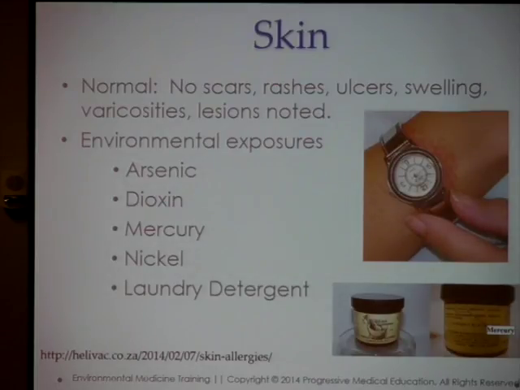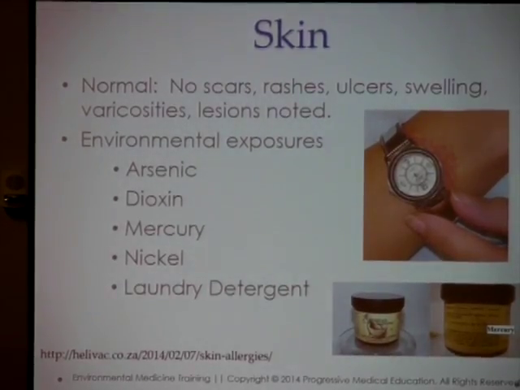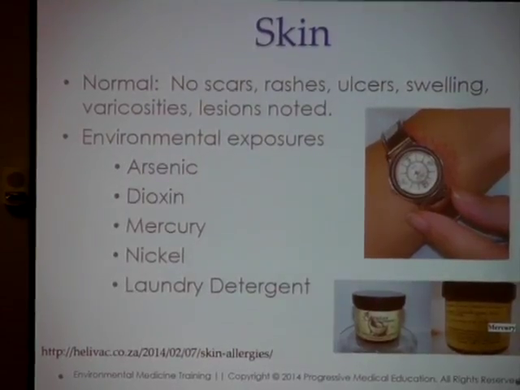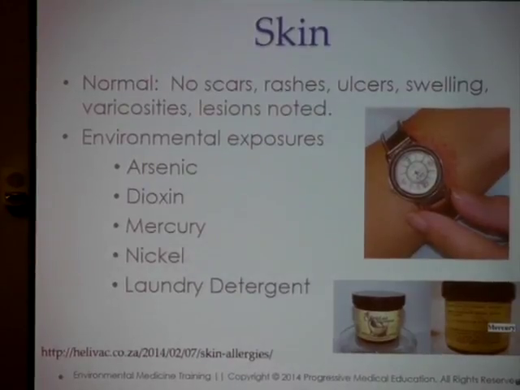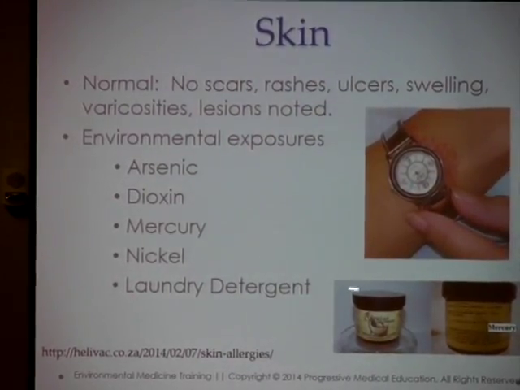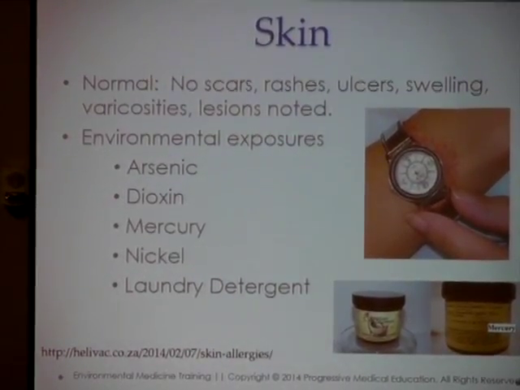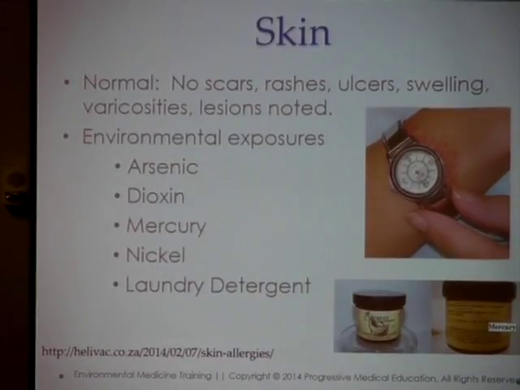Mercury is another toxin exposure we can see, because a lot of women who want to whiten their skin will use skin whitening cream, and a lot of these creams have mercury in them. You'll find these products overseas, and some patients will come in, and when you look at the products they are using, they will have a lot of toxicant chemicals that shouldn't be applied to the skin at all.